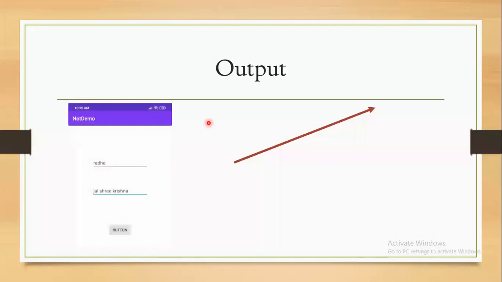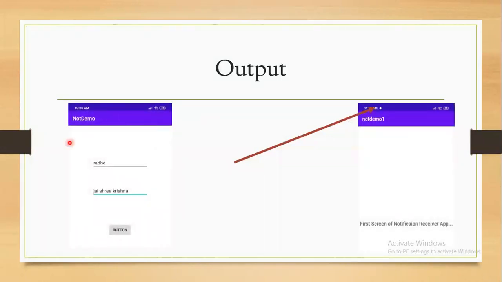And finally, what we will have, so this is my sender application with the two edit texts and a button. What I add in that, in the title part, I add Radhe, and in the notification body part, I write down Jai Shri Krishna. So guys, now whenever you click on this button, you will get a notification over here in the sender application. Just check this. Okay, so that's the notification.